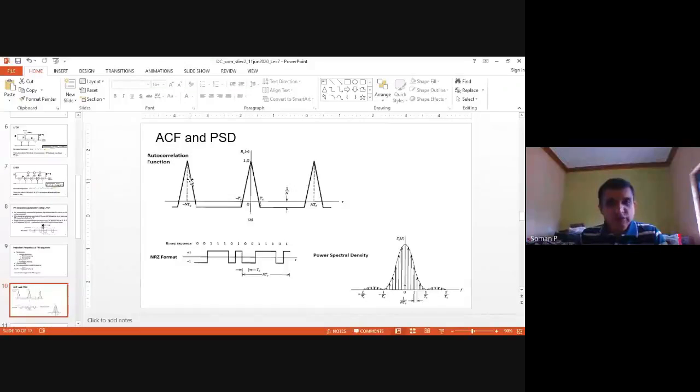So how will you do the autocorrelation? Basically, tau equal to 0 means you are finding out the similarity between the same sequence, and the time shift is 0. Then you will get the maximum similarity.